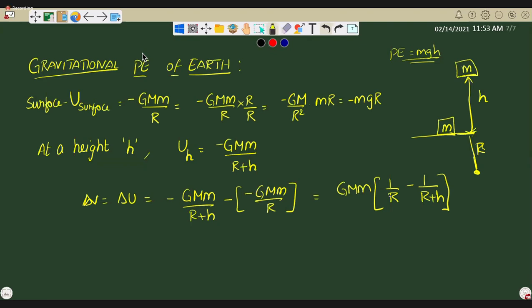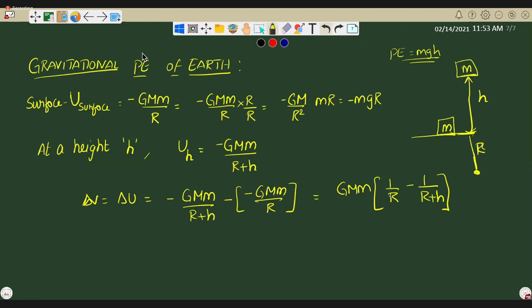So only three things we have learned today. One is your hollow sphere, what is your gravitational field and gravitational potential outside, on the surface and inside. And then we have found out the null point between two bodies, right?